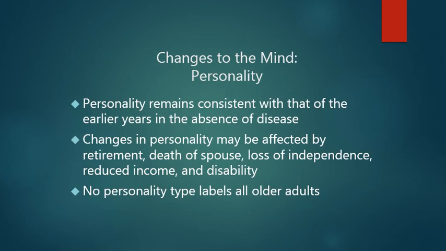The personality should remain consistent in the absence of disease. So if you see huge personality changes, then you need to suspect that something is wrong and they need assessment. Some family members will make excuses and say, oh, he's just getting older, he's just ornery, and they fail to follow the issues that are going on.